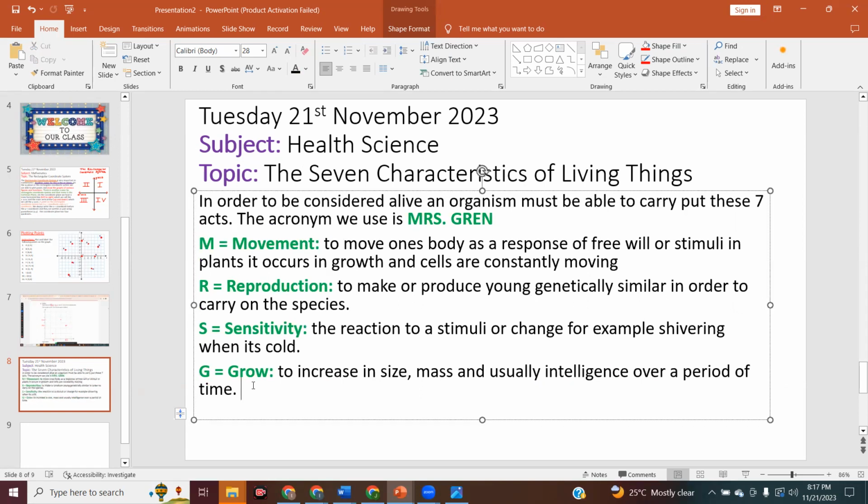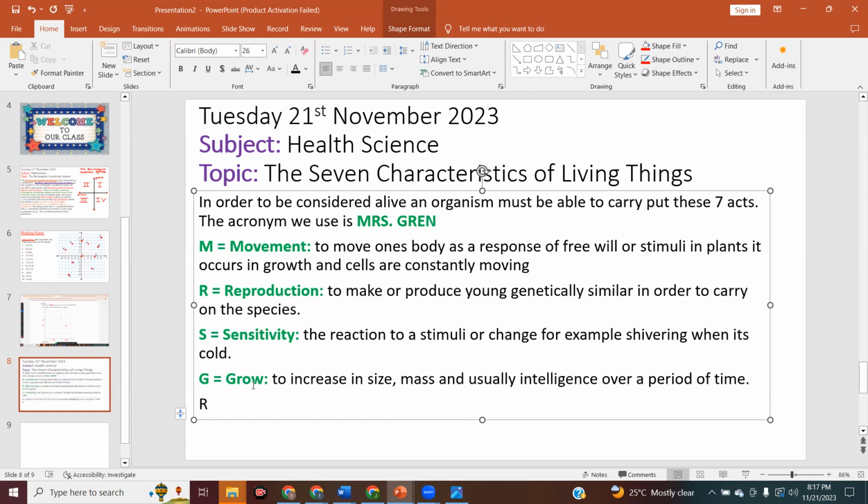The next one is R. What does R stand for? Reproduction. We already have reproduction. So respiration. What do we mean by respiration? The ability to breathe. Breathing oxygen. More than the ability to breathe, and this is very important, to get energy from food.